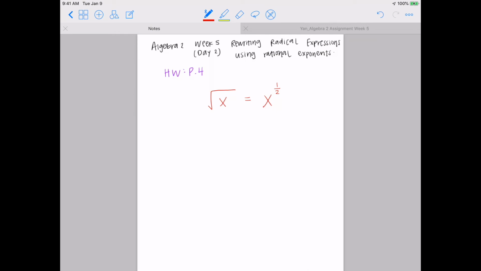So that means it's 2. So square root of x equals x to the 1/2 power. There's an invisible little 2 out here, but we usually don't write it.